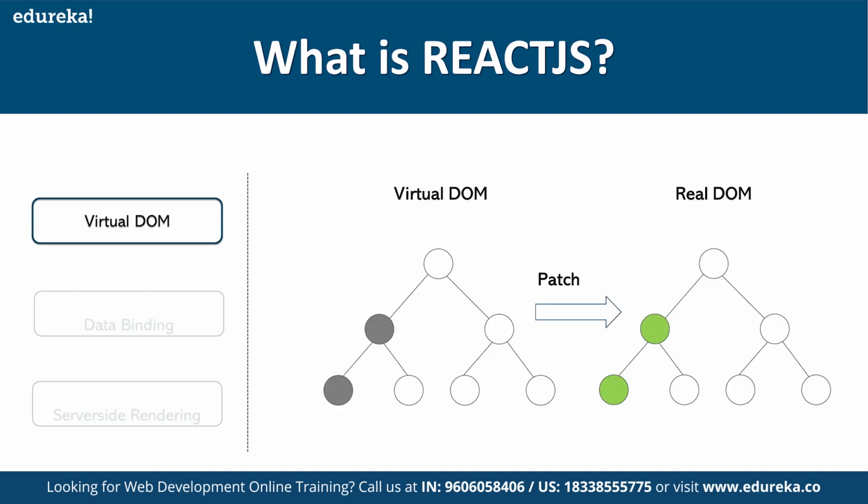So first of all, here we have the concept of virtual DOM itself. The DOM, as we know, is the Document Object Model itself, right? That is what DOM is. And here in React, we can create multiple virtual DOMs. It's more like the actual DOM.